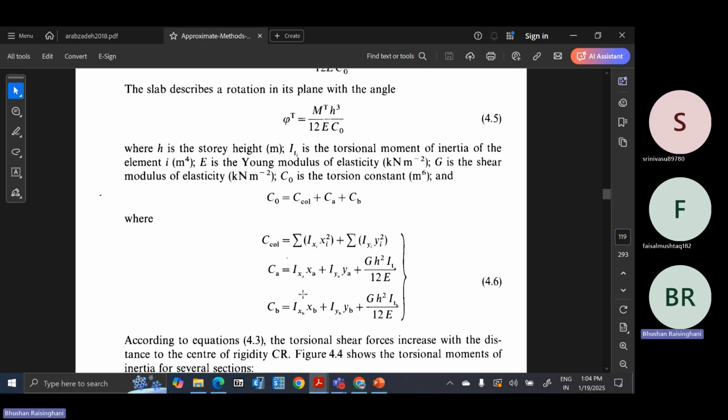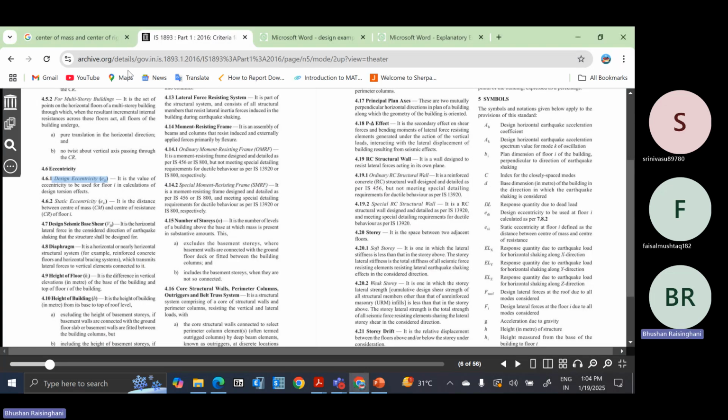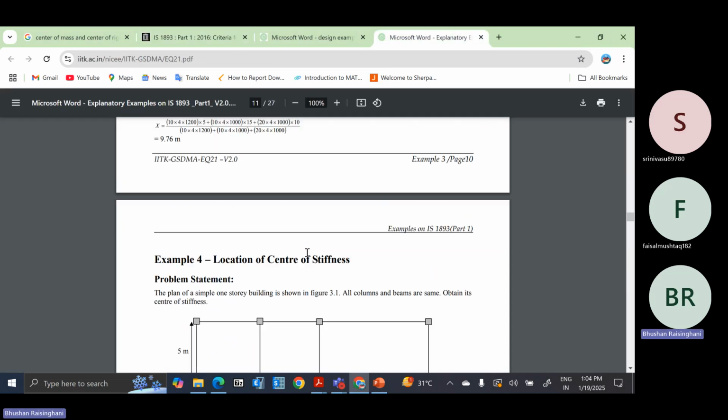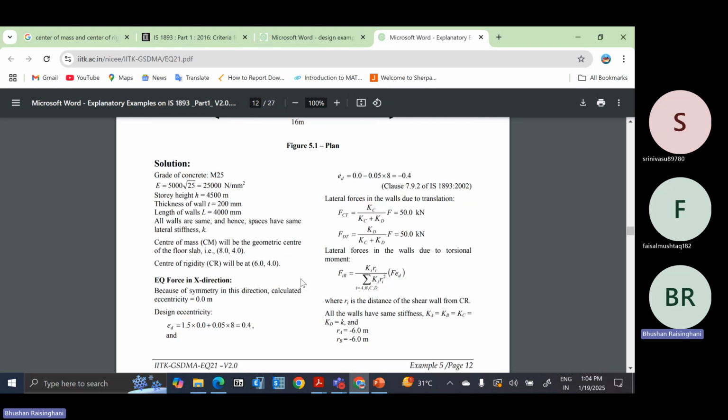For the shear wall, they have used this. But you can refer to the example that is available in this IITK manual, in which the shear walls also they have estimated, but they have done using the stiffness of the shear wall. However, the distribution to the shear wall is with respect to R. Now, this R is the distance of the shear wall from the CR.